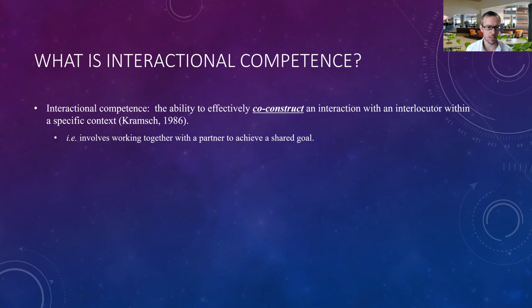Whether that is reaching a consensus in a business meeting, having a conversation with your friends, or transacting with somebody in a shop, for example. Any of those situations involve both people working together to achieve the goals of the interaction, including unstated goals of the interaction, of course. And of course, it's central to interaction in a wide variety of real-world contexts.